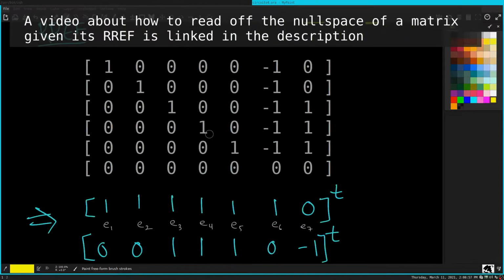So, we can just read off what the null space is. Suppose we have a 1 for E6.